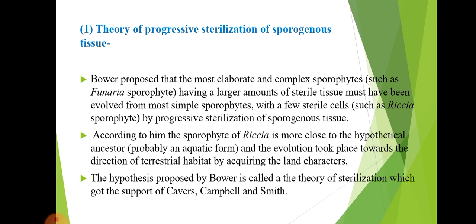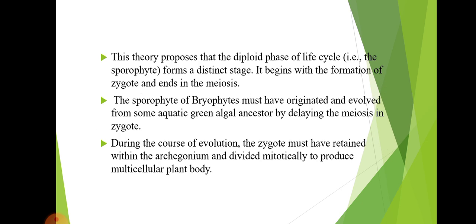The hypothesis proposed by Bower is called the theory of sterilization, which got the support of Cavers, Campbell, and Smith. This theory proposes that the diploid phase of the life cycle forms a distinct stage.